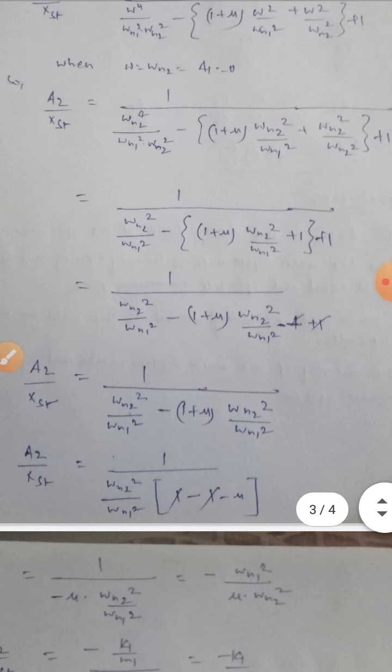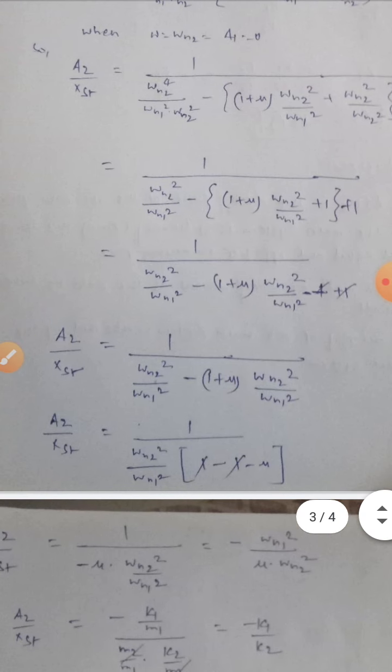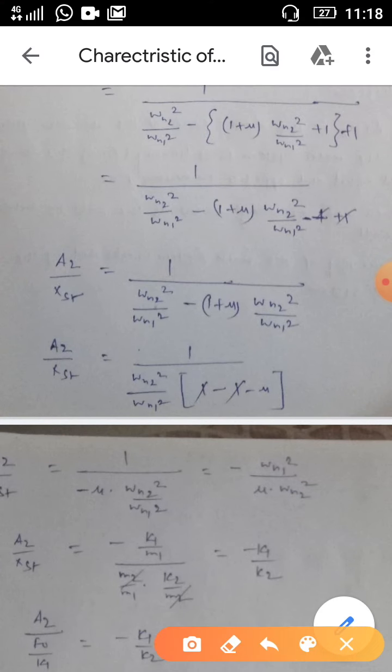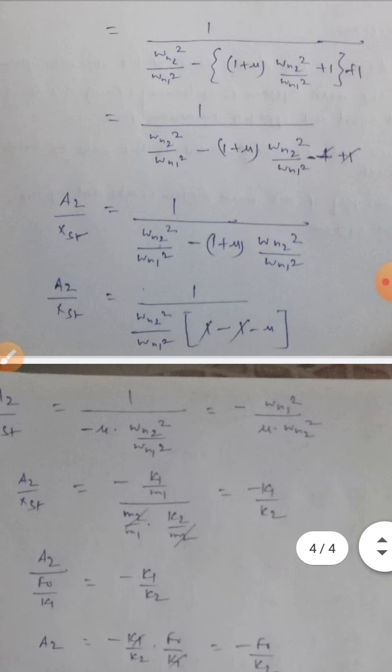So it will give a2 upon x static equal to 1 upon minus mu omega n2 square upon omega n1 square, that is equal to minus omega n1 square upon mu omega n2 square. Now put all these values: omega n1 squared is k1 upon m1, mu is m2 upon m1, omega n2 squared is k2 upon m2, so that is equal to minus k1 upon k2.